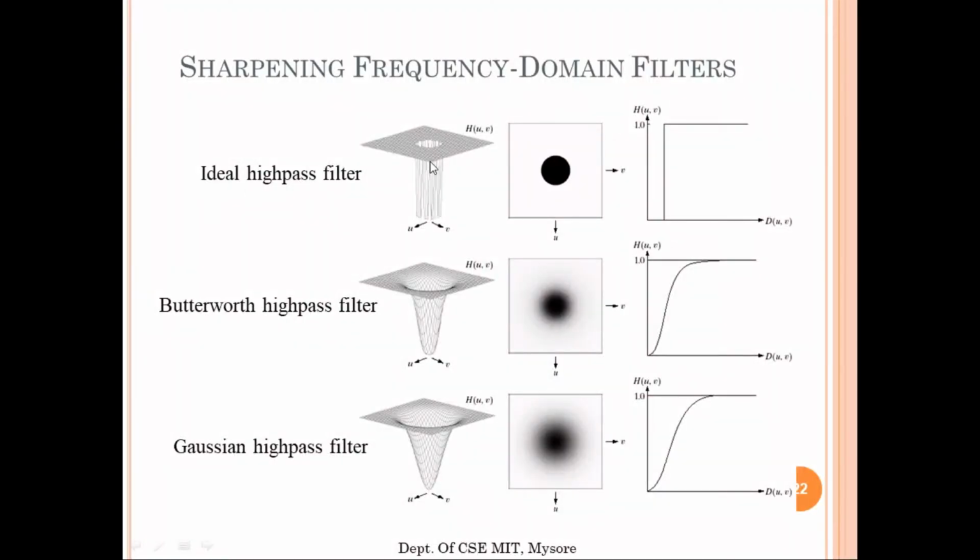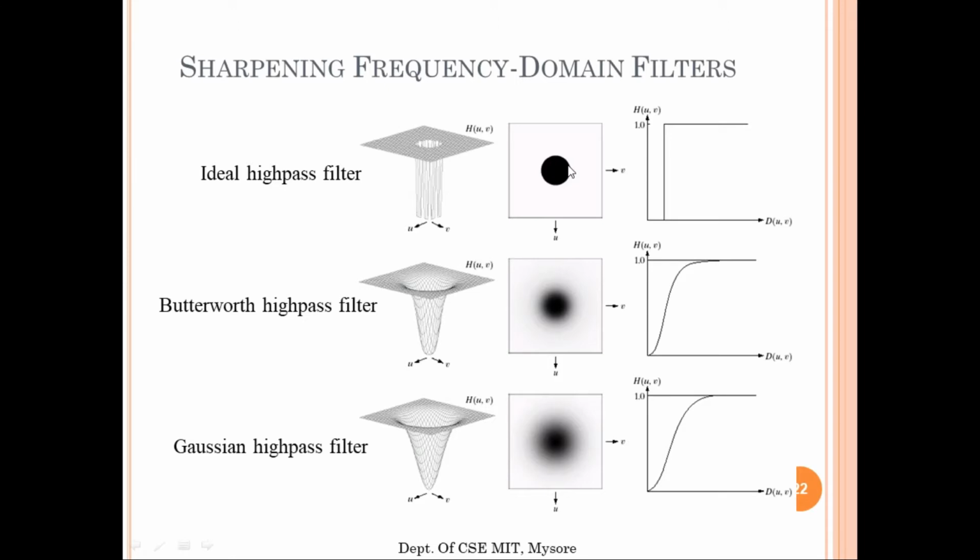This is a perspective plot of the ideal high pass filter, Butterworth high pass filter, and Gaussian high pass filter. The ideal high pass filter allows only the frequency above the cutoff frequency, and anything below the cutoff frequency will be attenuated. In the ideal low pass filter, the radial value at the center is white, but in the ideal high pass filter it becomes black.